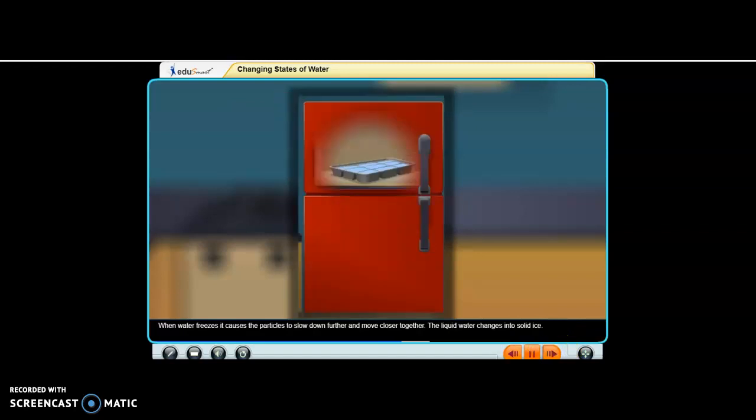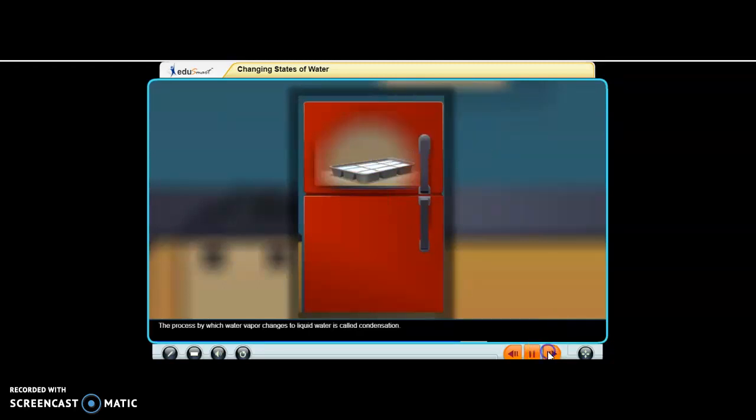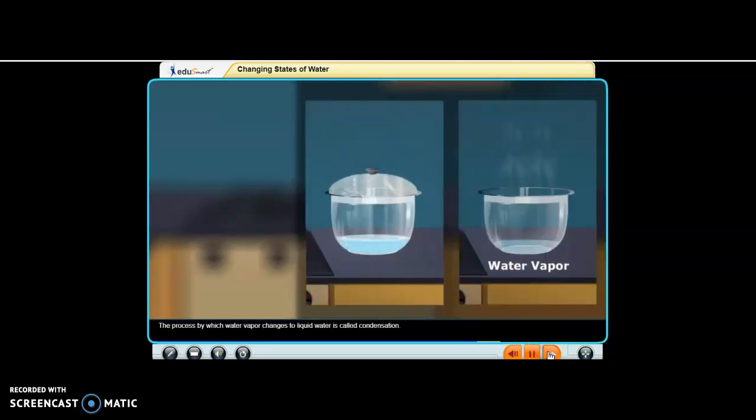When water freezes, it causes the particles to slow down further and move closer together. The liquid water changes into solid ice. The process by which water vapor changes to liquid water is called condensation.